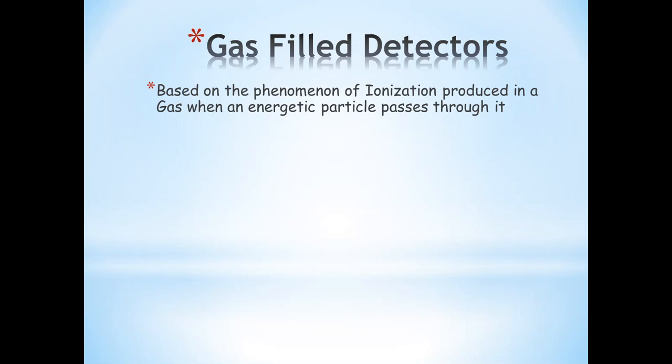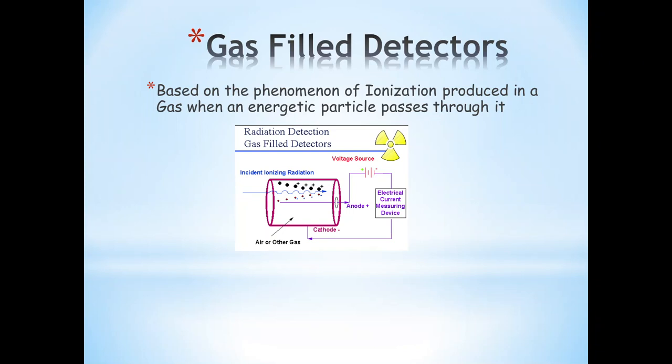The particle or the radiation transfers its energy to the electrons, the electron bond is broken and it becomes free. Most of the gas filled detectors are based on the principle of ionization produced in a gas when an energetic particle or radiation passes through it. This is the basic theme of a gas filled detector.